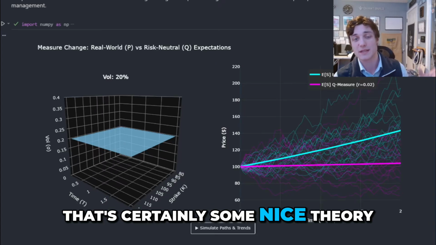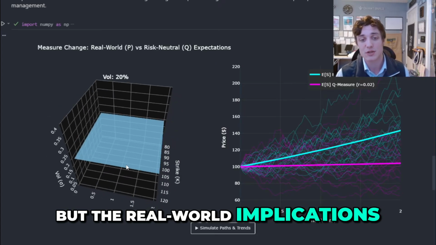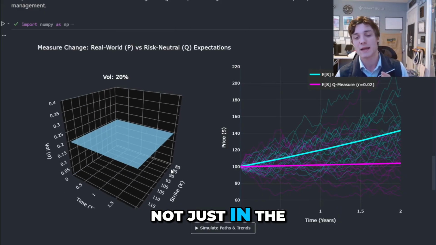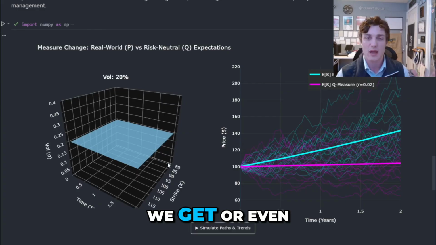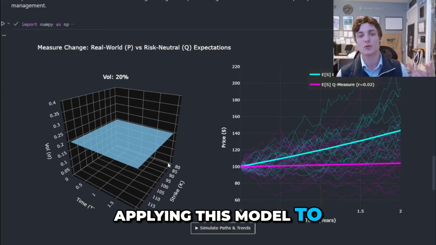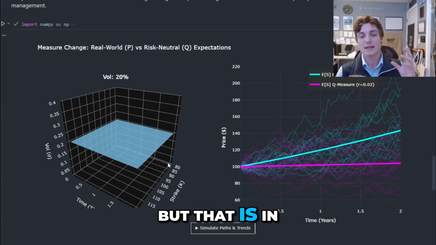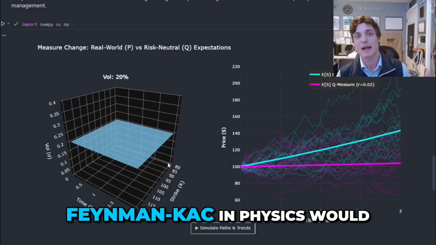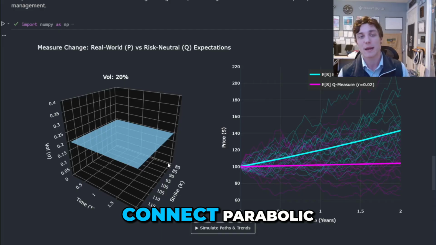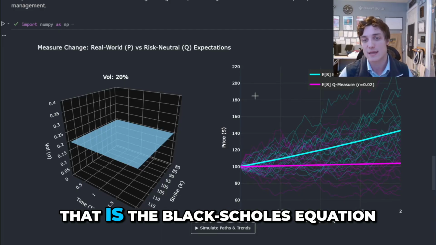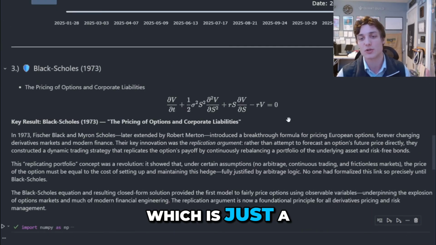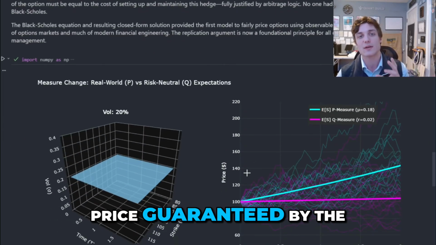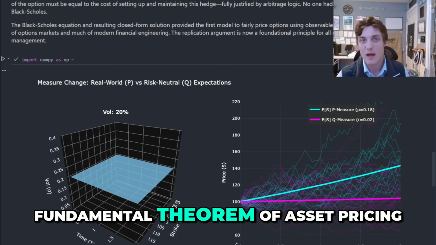Now, that's certainly some nice theory, but the real-world implications of this paper are absurd to say the least, not just in the implied volatility measure that we get, or even applying this model to real options, but that is in the context of market making. Years later, Feynman-Kac in physics would connect parabolic PDEs, that is the Black-Scholes equation, which is just a transformed version of the heat equation, to the risk-neutral price guaranteed by the fundamental theorem of asset pricing.